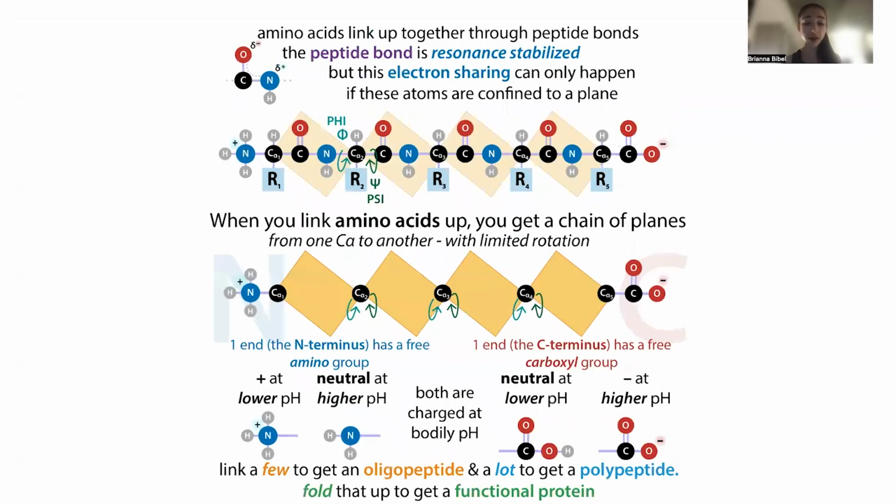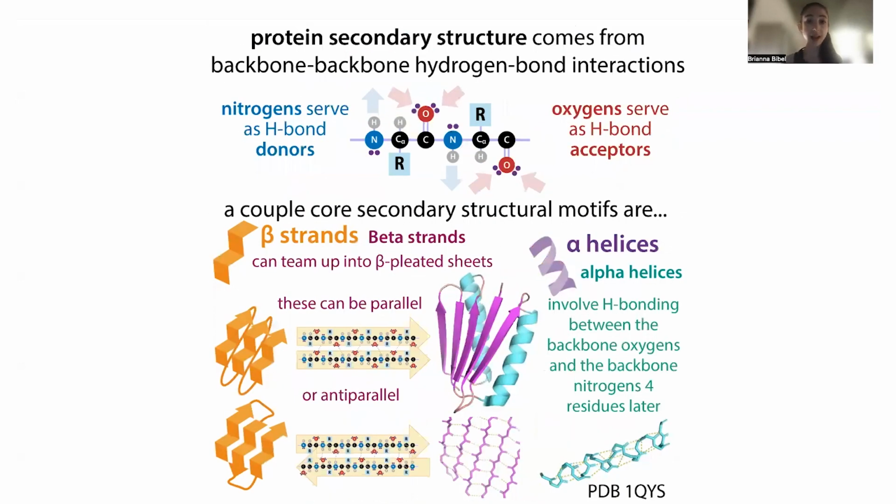Basically, you're going to have the backbone oriented in similar ways in different proteins, at least in the structures of these proteins. And when the backbone is oriented that way, you're left with distinct patterns of the hydrogens and the oxygens in that backbone being available for what we call hydrogen bonding.